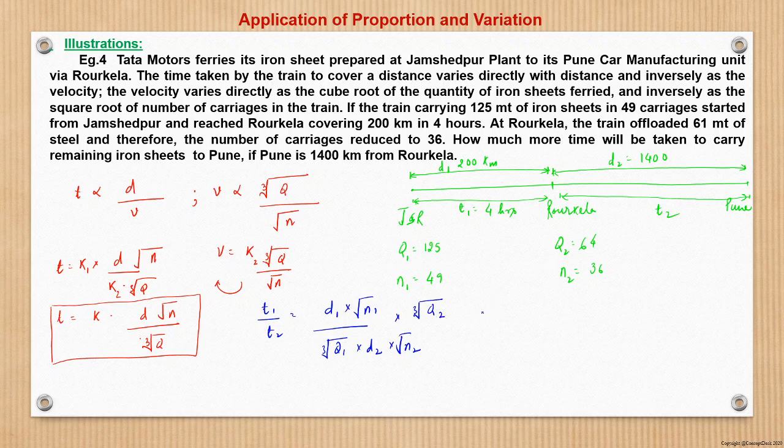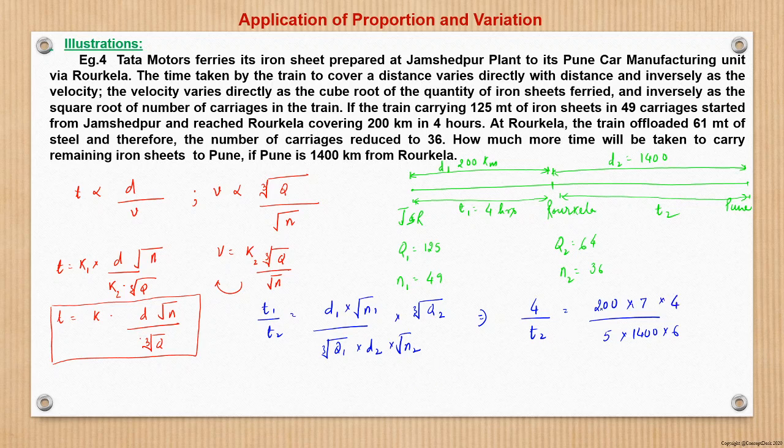So all the values we have basically. T1 we know is 4 hours, T2 we have to find, D1 we know is 200 kilometers, into root N1 is 49, root 49 is 7, upon cube root of Q1, Q1 is 125, so cube root of 125 is 5, and D2 is 1400 kilometers, 1400 into root N2, N2 is 36, so it becomes 6, and here it is cube root of Q2, Q2 is 64, so this becomes 4.